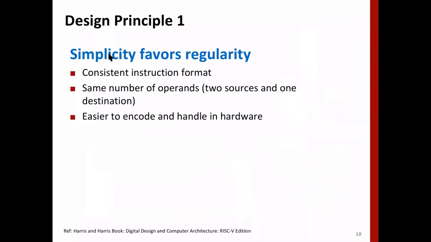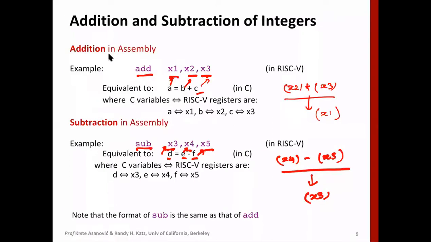Now, can you observe something here? And from this comes the beauty of RISC architecture. Look at the syntax of add and subtract. It's exactly the same, right? The opcode will be different, but for the rest, both are using three registers, which means there are three operands and each operand is of the same size.